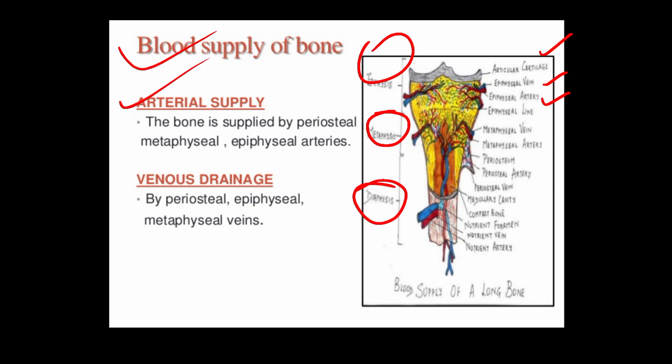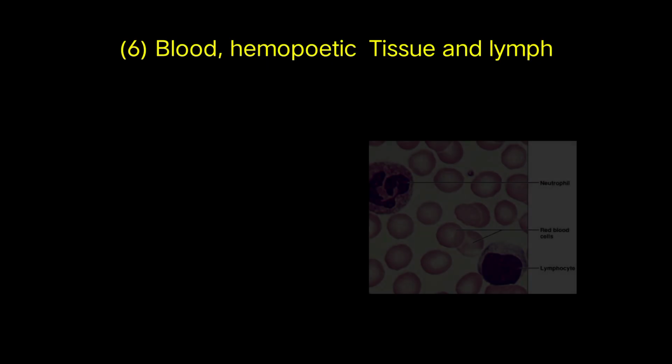Then the metaphyseal vein and metaphyseal artery in the metaphyseal region, then the periosteum, periosteal artery, and periosteal vein. Similarly, we can see the medullary cavity in the mid region. The compact bone has a nutrient foramen, through which the nutrient vein and nutrient artery pass. Venous drainage is by the periosteal, epiphyseal, and metaphyseal veins.